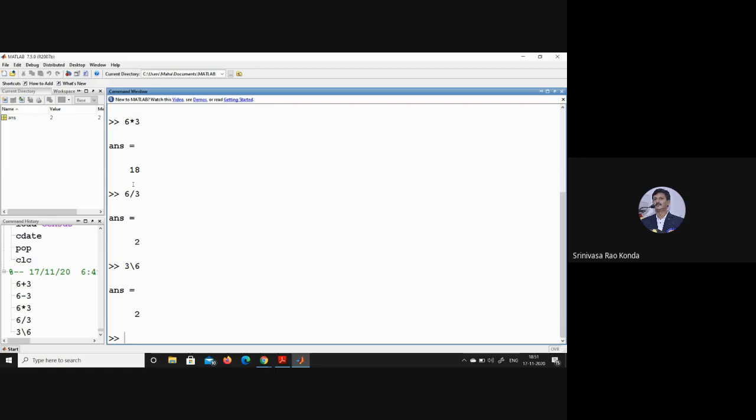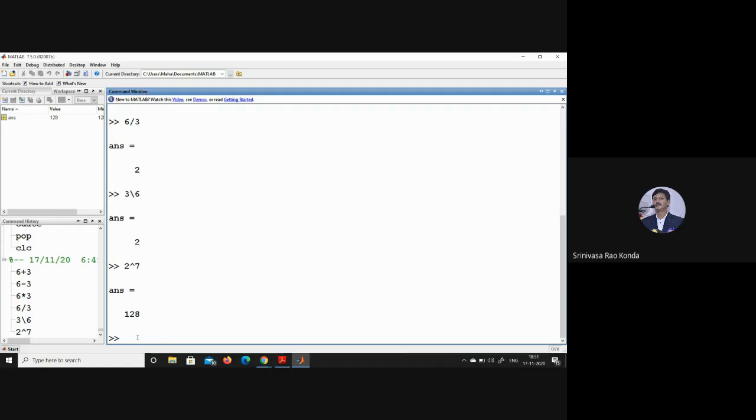If you want to find 2 cap 7, 2 hat 7, 2 power 7, use the hat or cap. Like this. So this window we call a command window, as we give the commands to MATLAB through this window. That's why we call it the command window.